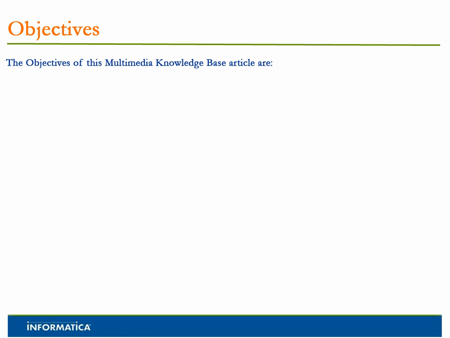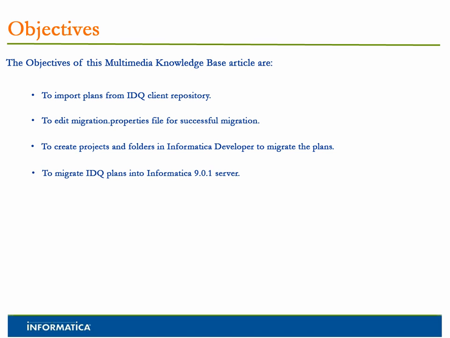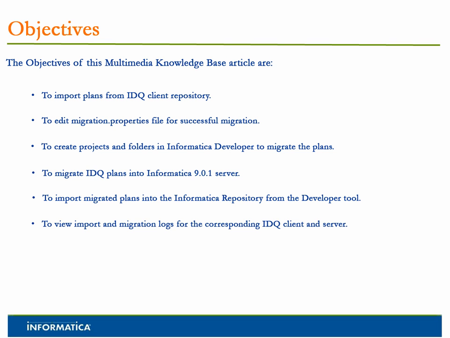The objectives of this multimedia knowledge base article are: to import plans from the IDQ client repository, to edit the migration.properties file for successful migration, to create projects and folders in Informatica Developer to migrate the plans, to migrate IDQ plans into the Informatica 9.0.1 server, to import migrated plans into the Informatica repository from the Developer tool, and to view import and migration logs for the corresponding IDQ client and server.